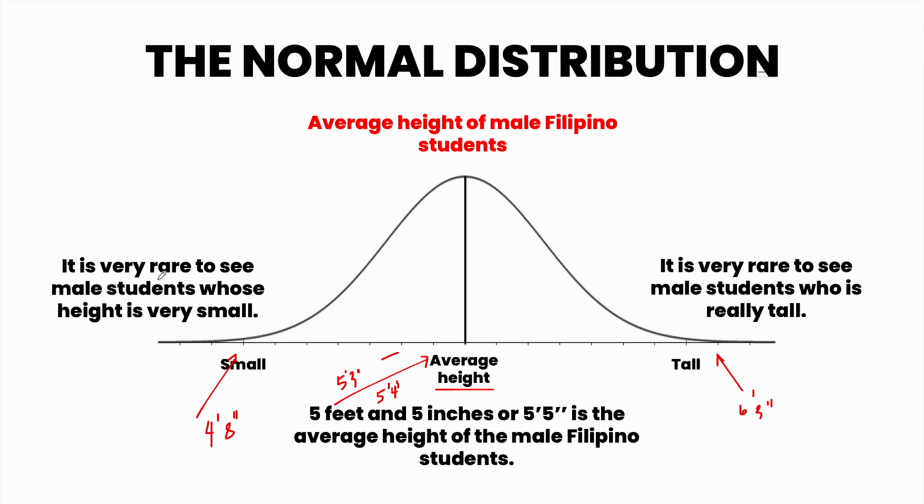Here, it is very rare to see male students whose height is very small, such as 4'8", 4'7", and 4'6". On the other hand, it is also very rare to see male students who are really tall, such as 6'3", 6'4", and 6'5". So that means it is common for us to encounter students whose height is 5'5", 5'6", or 5'4".